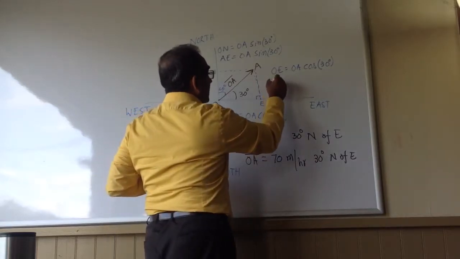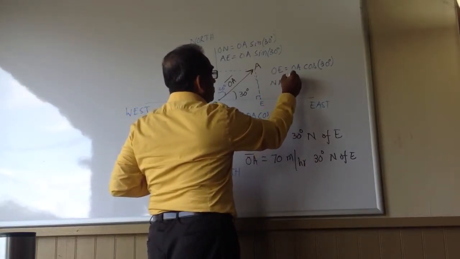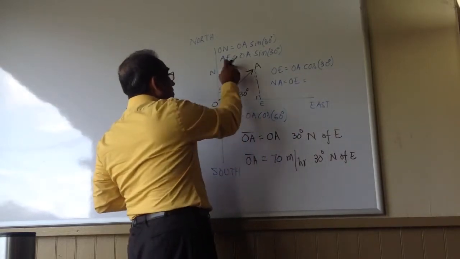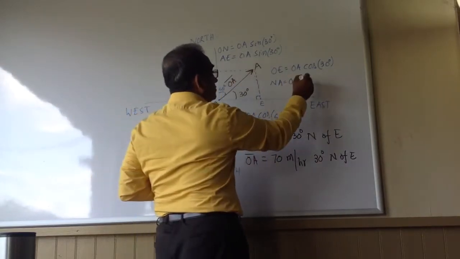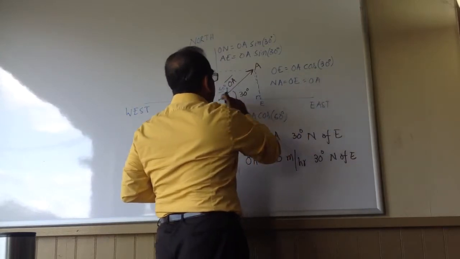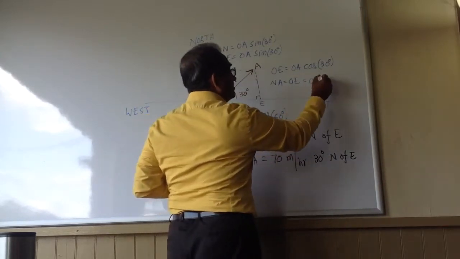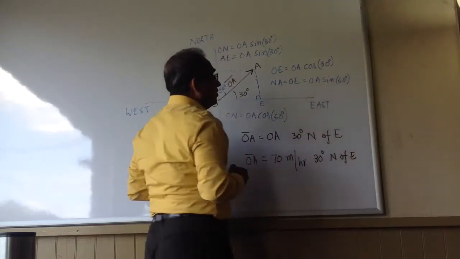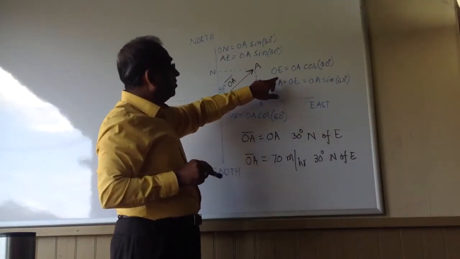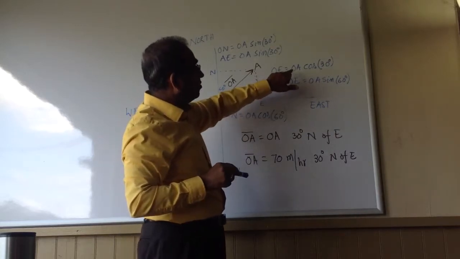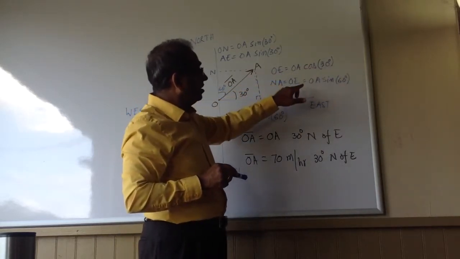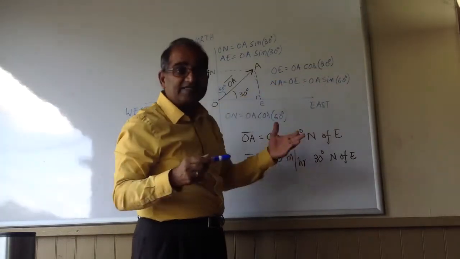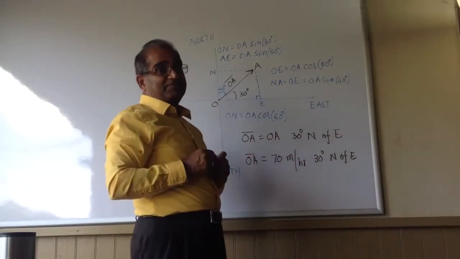So NA equals OE, which is equal to, since NA is opposite to 60, OA times sine of 60 degrees. You can see that OE is OA cosine 30 or OA sine 60, because cosine 30 and sine 60 are the same. The result will be the same.